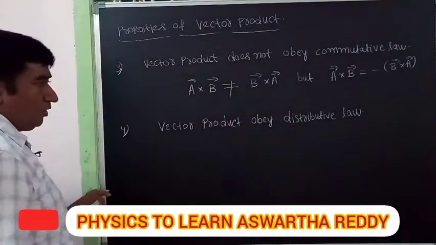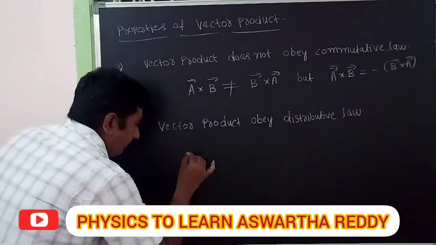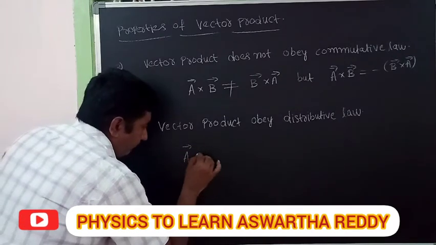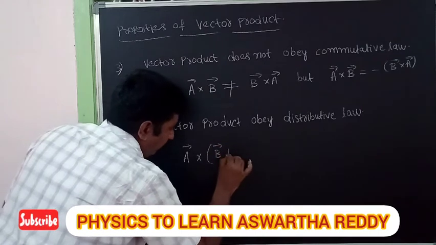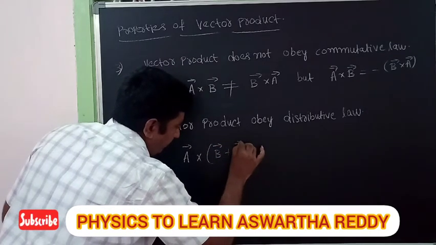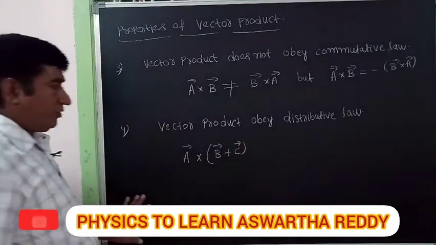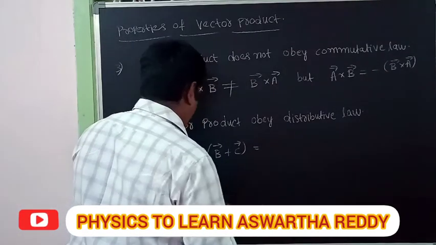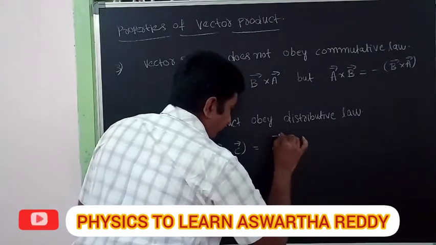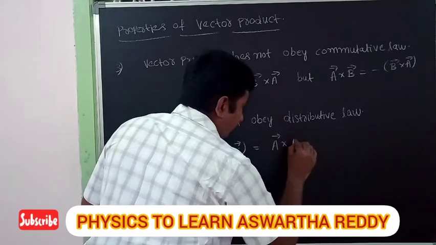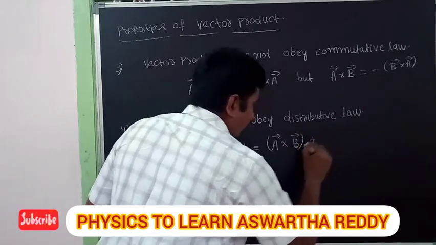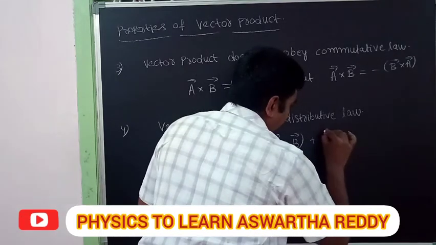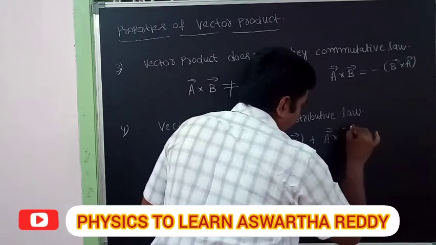For this distributive law we can take it like this: A vector cross, B vector plus C vector, is equal to A vector cross B vector plus A vector cross C vector.